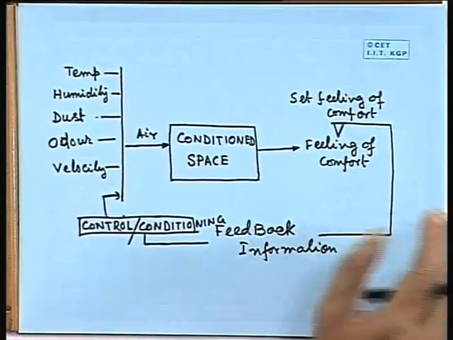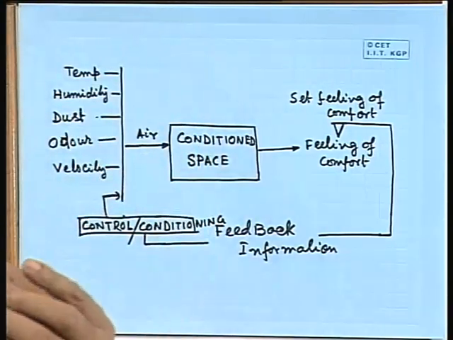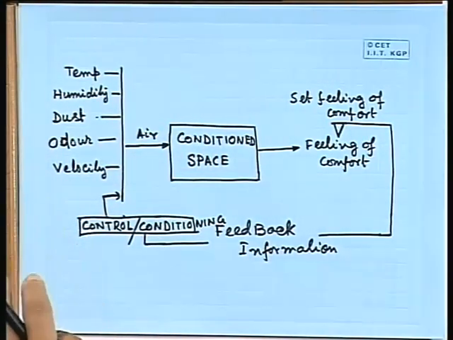Now, see again the temperature and humidity, these two we want to control, and the air which we are taking and supplying to the room, the conditioned space, that air we take from the ambient atmosphere. Now, the comfort condition, the demand for comfort for human beings, does not change throughout the year, whereas the condition of atmospheric air changes over the year.